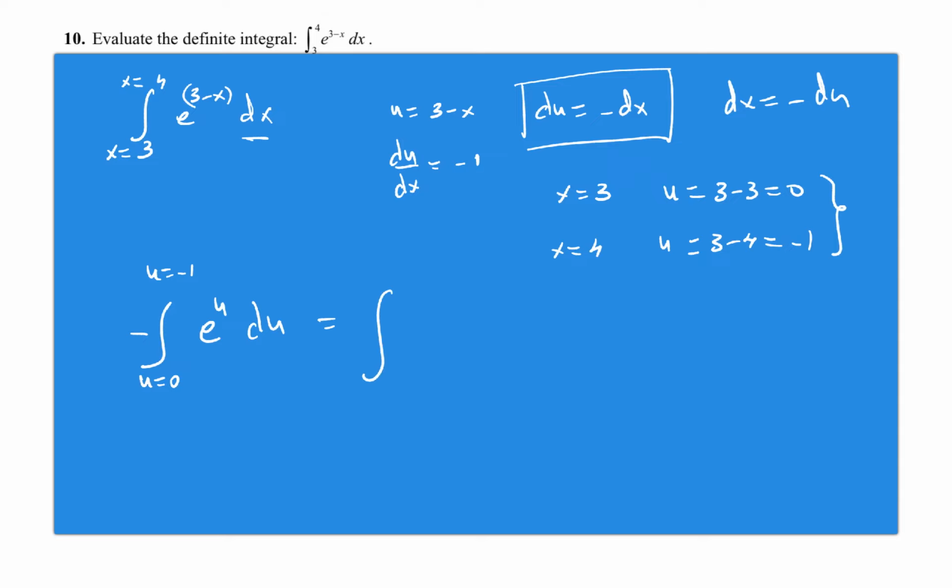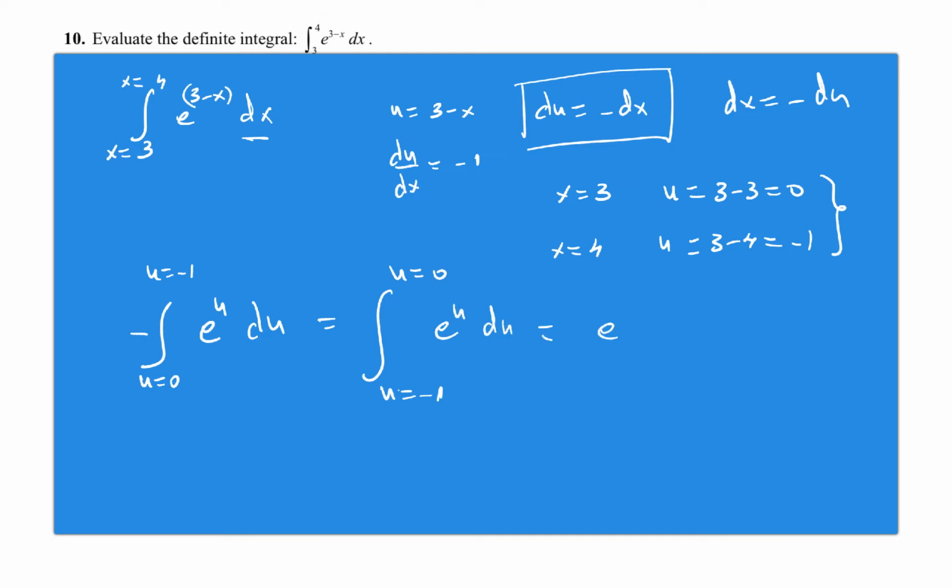So this is the integral from u equals 0 to minus 1, with the minus sign, the integral from u equals minus 1 to u equals 0 of e to the u du.